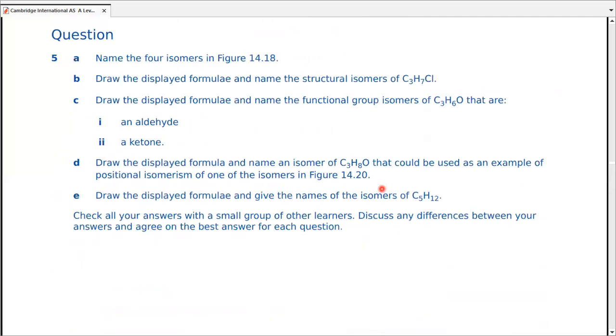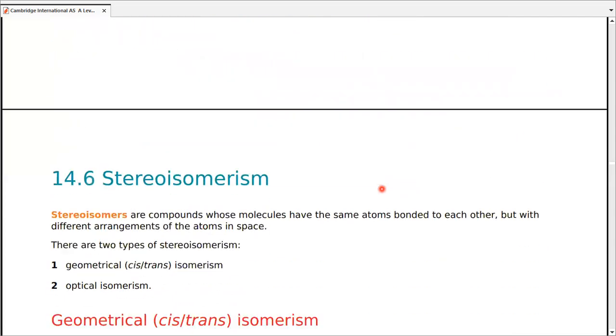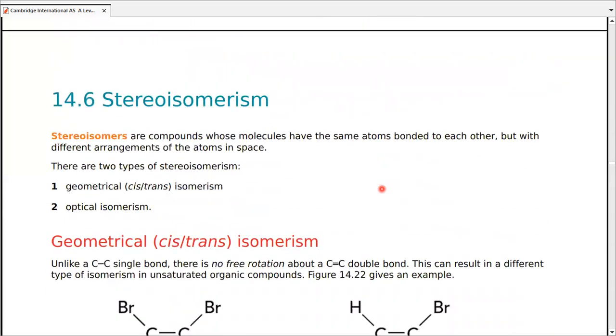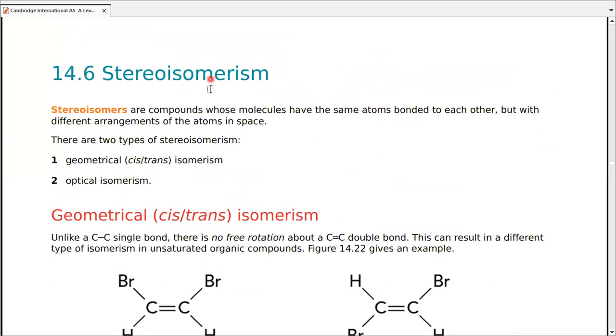Now, there is another way we define isomerism, and that is the second kind of isomerism: stereoisomerism. In these compounds, the same atoms are bonded to one another, which means the molecular formula is the same, which means the structure is also the same, but the atoms in space for that structure will have a different arrangement.